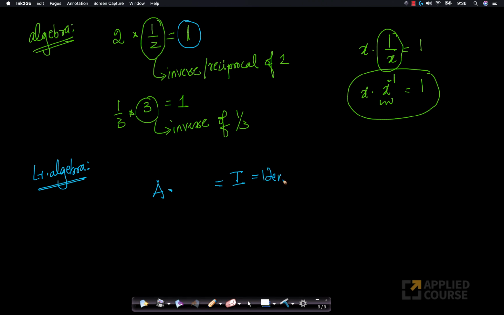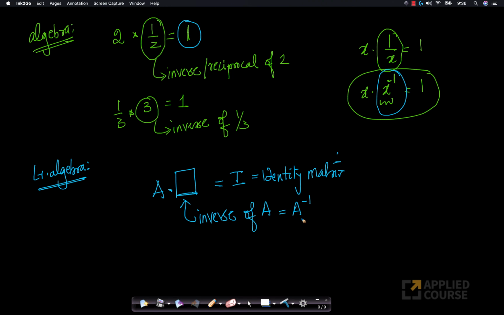So now the question is, with what matrix? The matrix that I multiply A with to obtain the identity matrix is called the inverse of A, which is often written as A power minus 1, just like numbers, where it is written as power minus 1. Now comes the fun part.